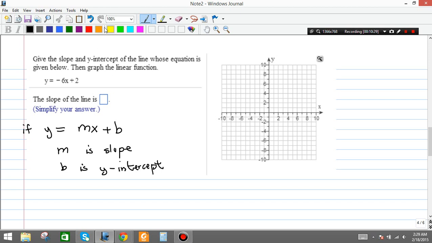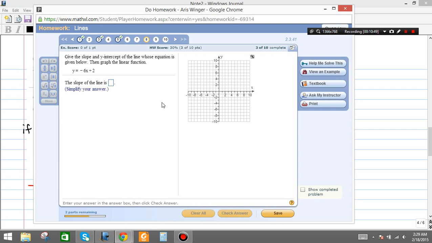So for our problem, -6 is the slope, and 2 is the y-intercept. And as we graph this, you'll see why these things are named the way that they are. So going into my math lab, the slope is -6. The y-intercept is 2.